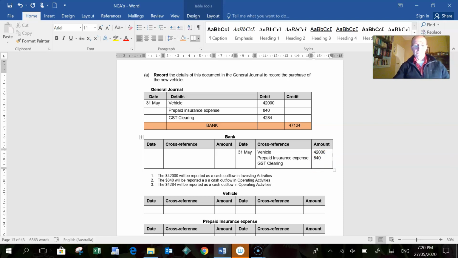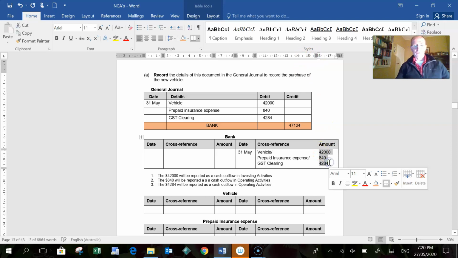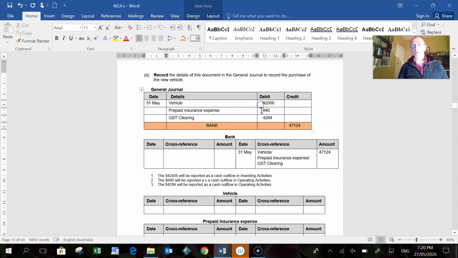The other way we could have done it, we could have just gone vehicle, and then we just put in over here 47,124. So that amount coming out of the bank account is part vehicle, part prepaid insurance, part GST clearing. Each of those accounts is going to get those debits into it to cross-reference against that one credit.